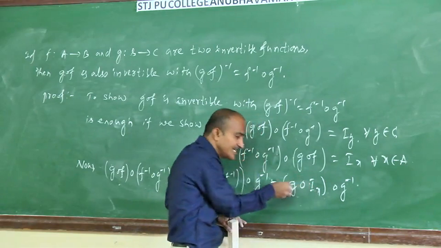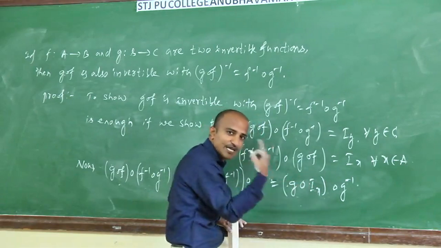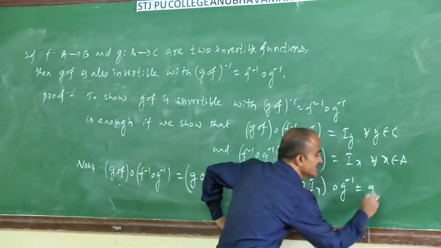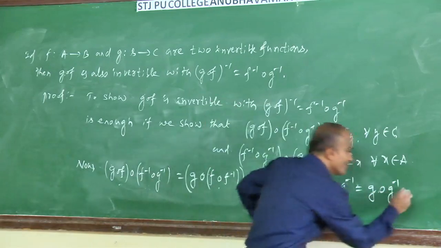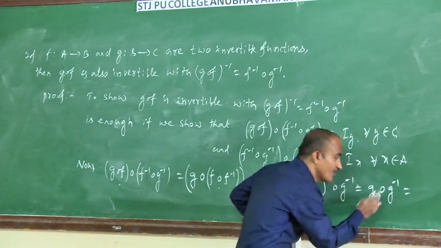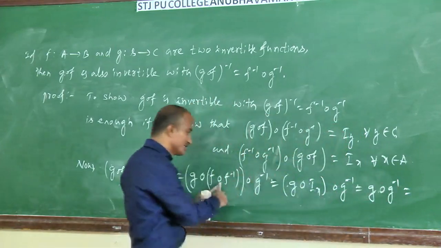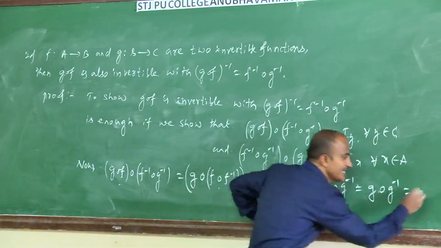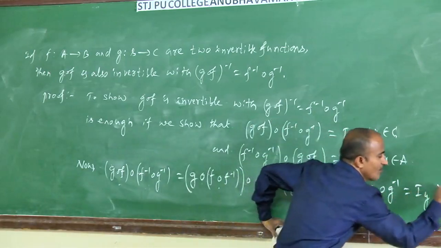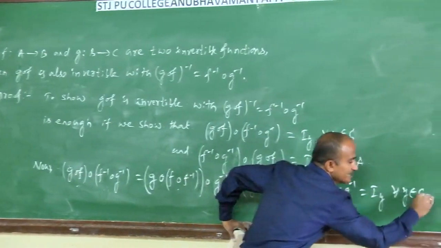Under I, g is composing, means we are getting only g, that is g∘g inverse, where f∘f inverse is I_x, then g∘g inverse is I_y for all y belongs to C.